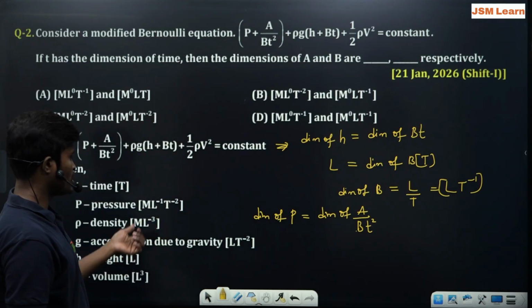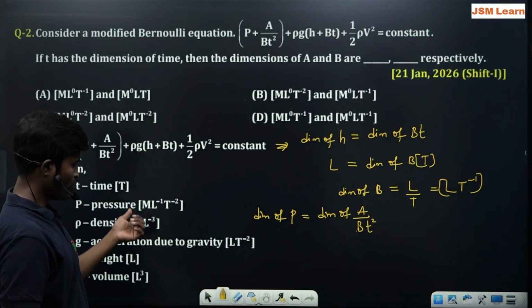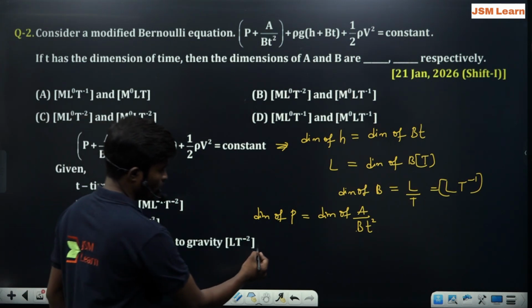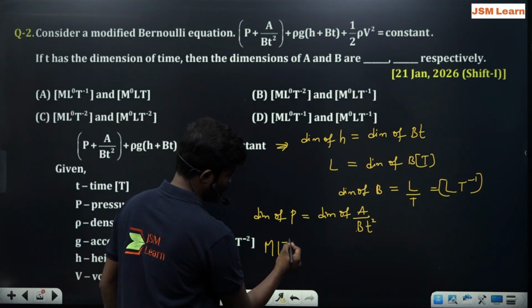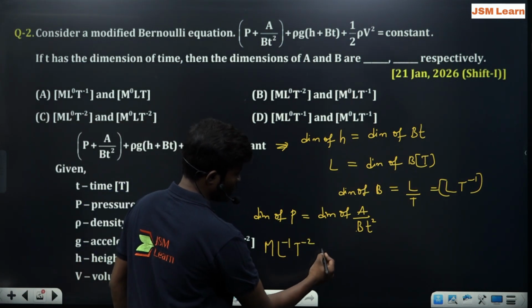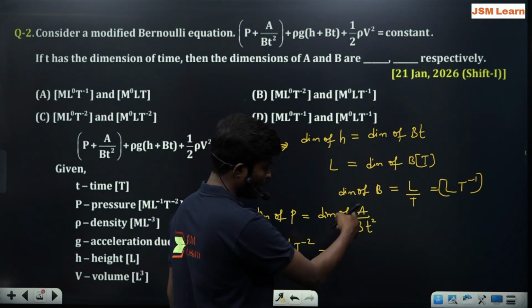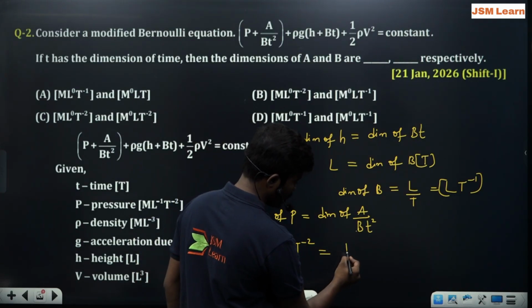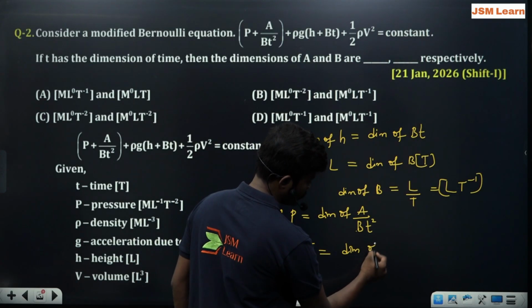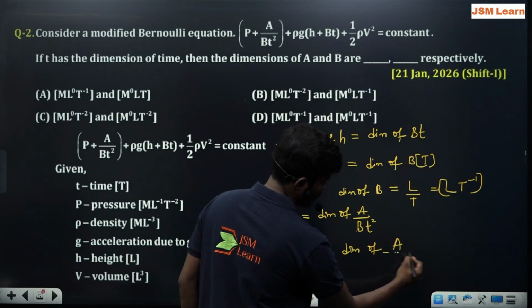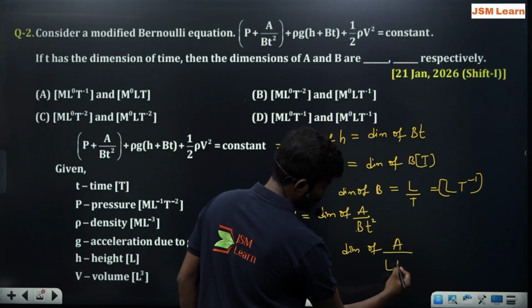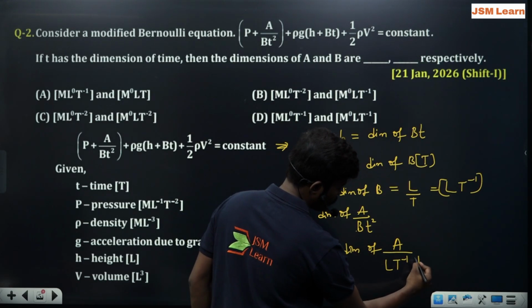What are the pressure dimensions, sir? ML minus 1 T minus 2. So ML minus 1 T minus 2 is equal to the dimension of a by bt square. We can write the dimension of a in the numerator. For b we have LT minus 1, and t square.